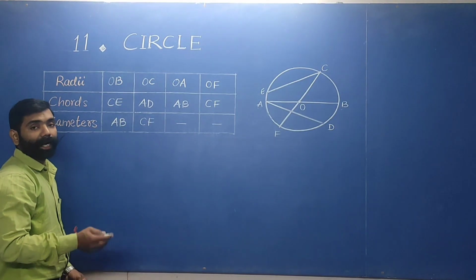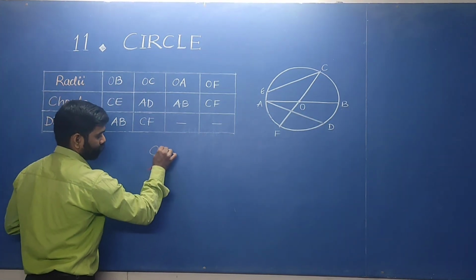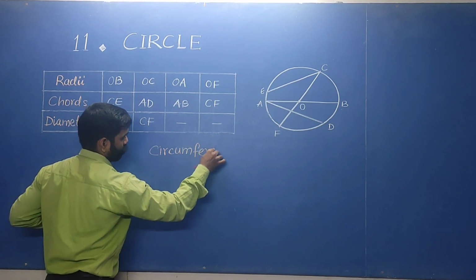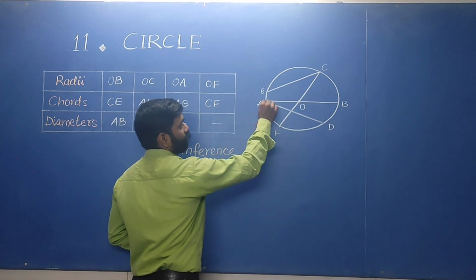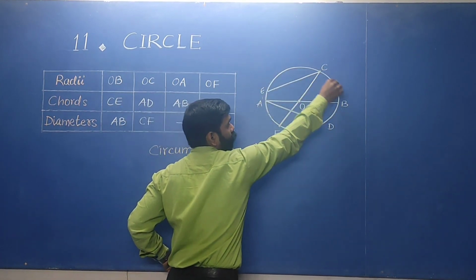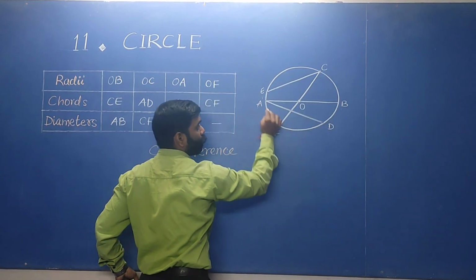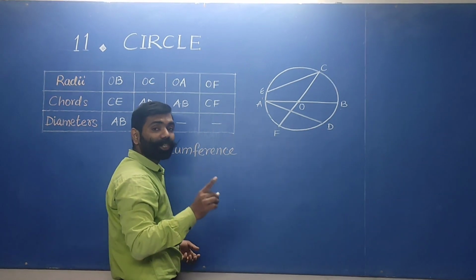Okay students, let me tell you what is circumference. Circumference is the perimeter of the circle. The point starts from A and comes again to point A. Perimeter means a closed figure.